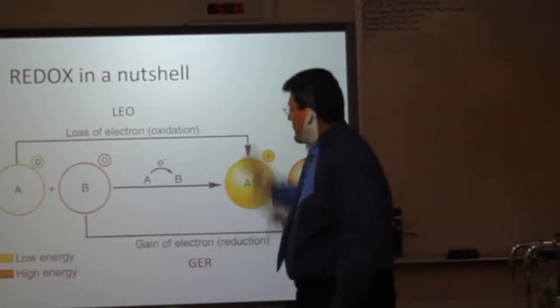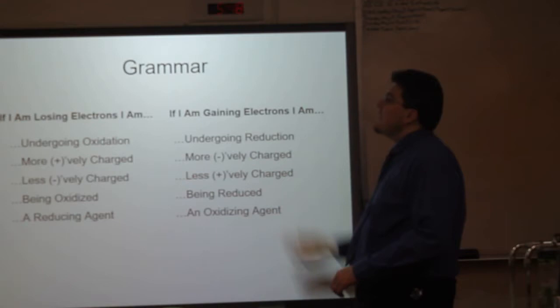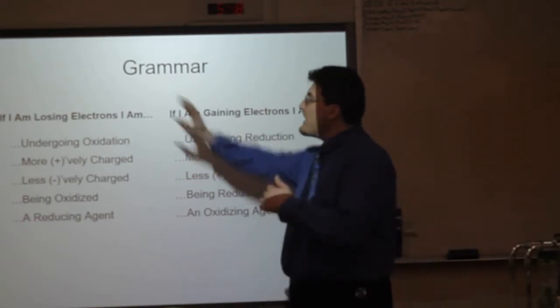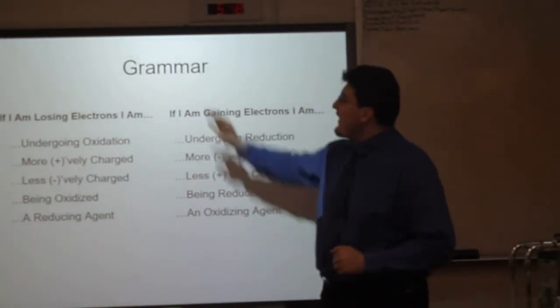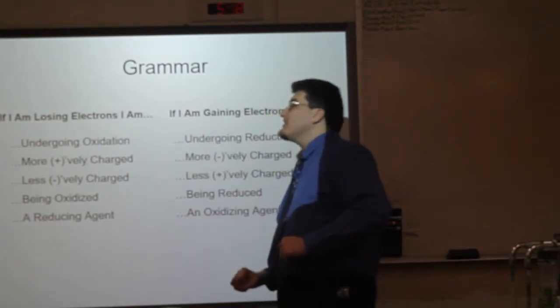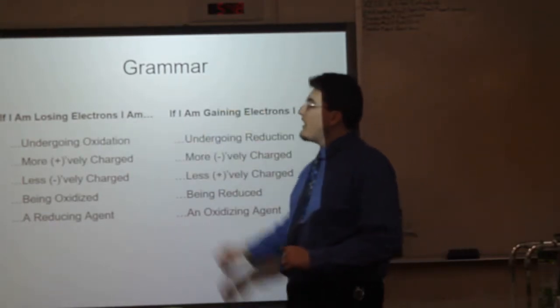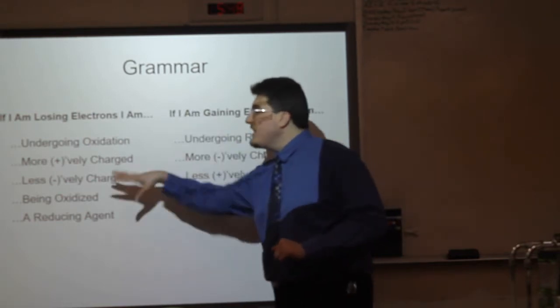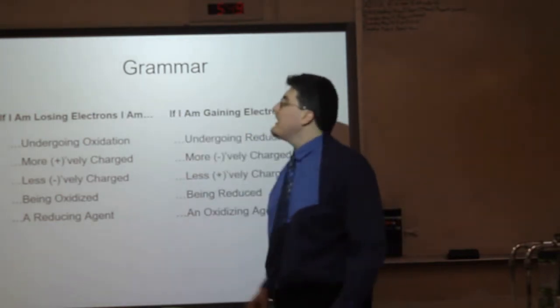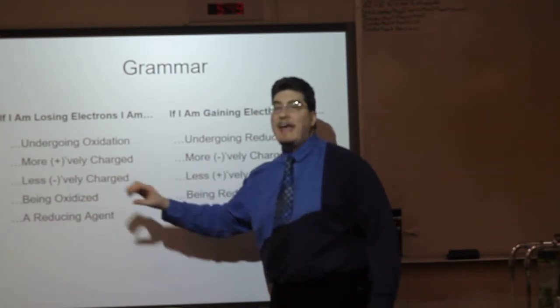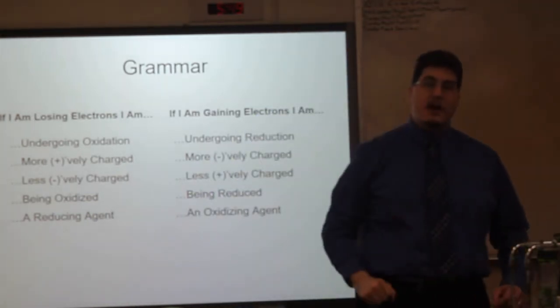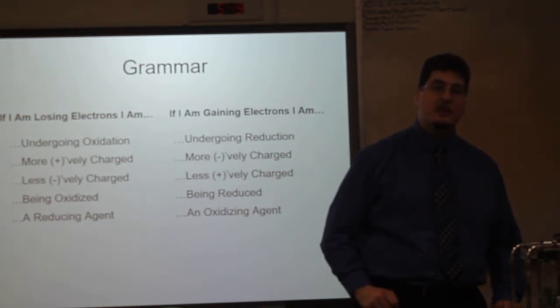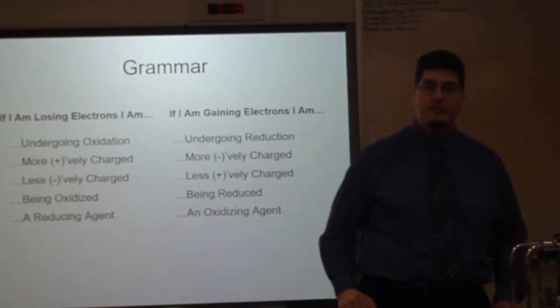So, if I am losing electrons, I am undergoing oxidation. If I am losing electrons, I am more positively charged. If I am losing electrons, I am less negatively charged. If I am losing electrons, I am being oxidized. If I am losing electrons, I am a reducing agent. I am the agent of reduction. I have caused reduction. By being oxidized myself, I have reduced something else.